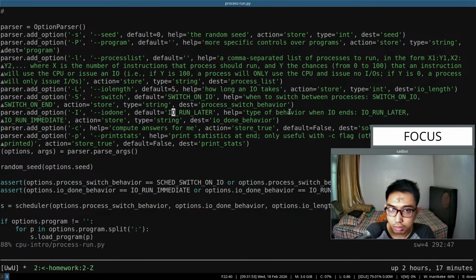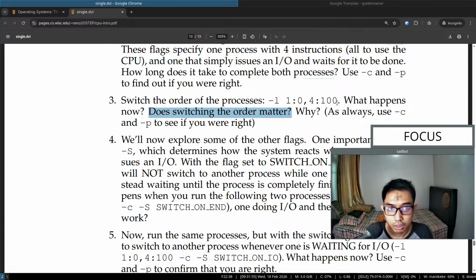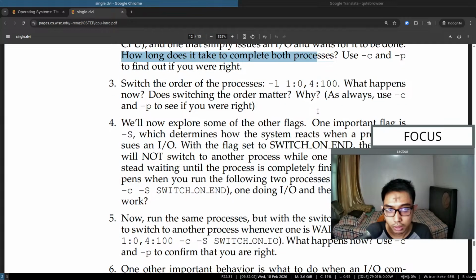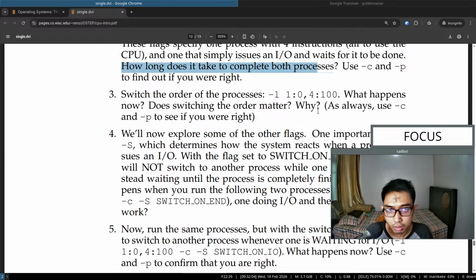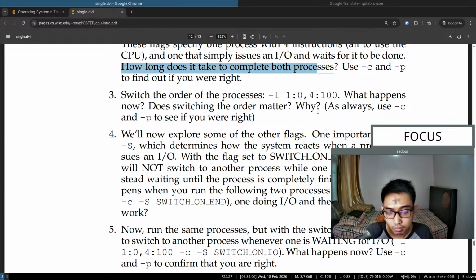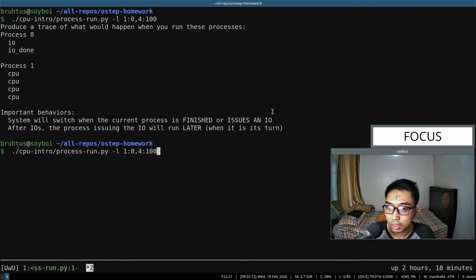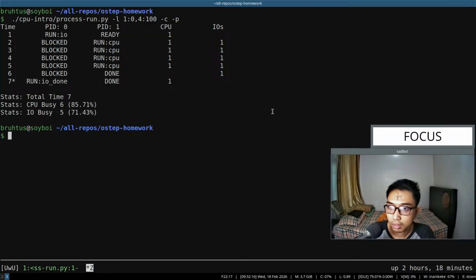I mean from how long it takes to complete, it should not matter, but I'm not sure. Let's find out. Okay, it matters.